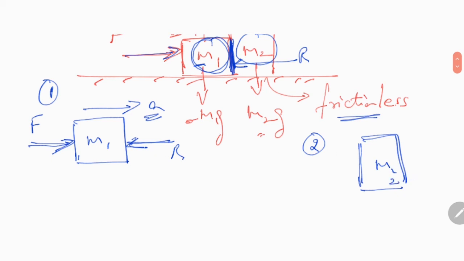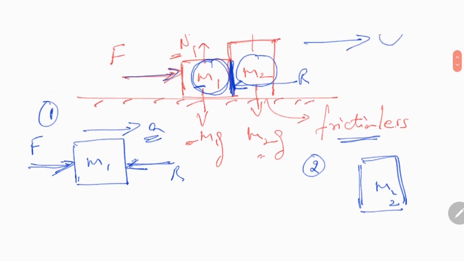While there is a reactive force here, obviously there is also a reactive force acting in the opposite direction, right? Because whatever force reaction is coming from here, the same force has to come from this direction also. Fair enough? So you will have an R in this direction.